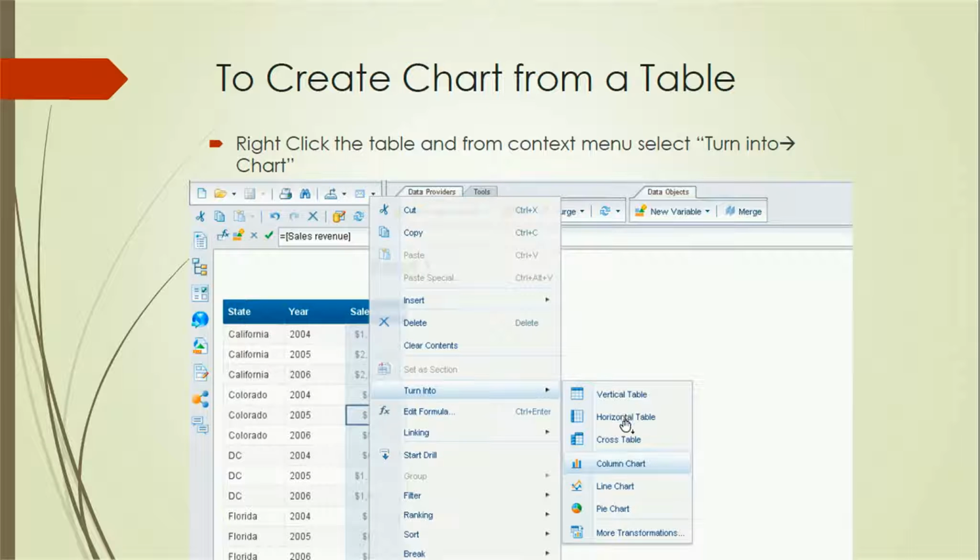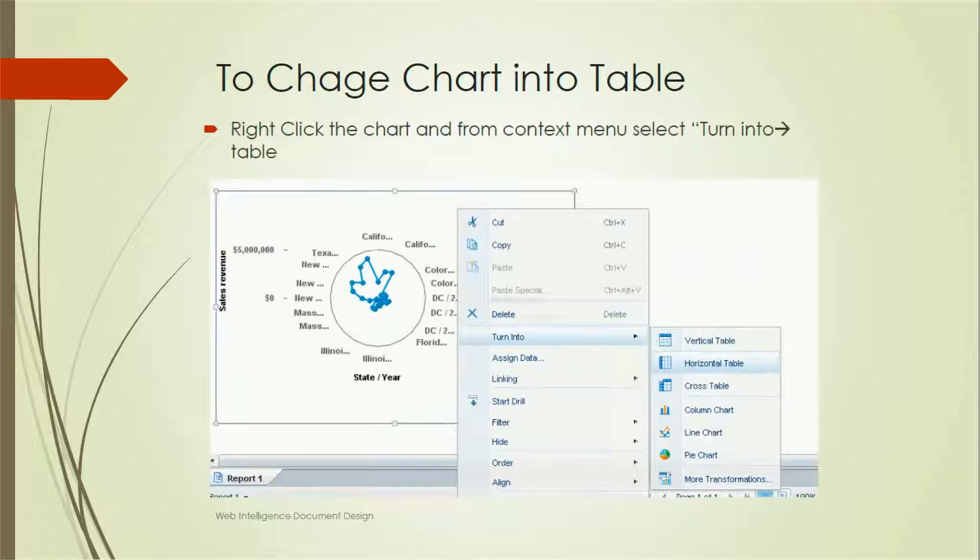If I want to convert to another table or a cross table, or add a column chart, line chart, or pie chart, I can select that. Suppose I want to convert this table into a column chart, then I select this option. This is the way we can convert tables into charts. We can also do the reverse, converting charts into tables. We right click on the chart and turn it into a vertical table, horizontal table, or cross table.